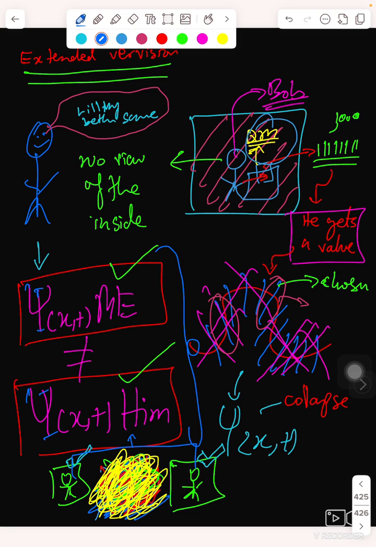In different perspectives, it's correct. Both. So the outcome is both are correct. But are they? The question is always there. We don't know. It's one of the interpretations.